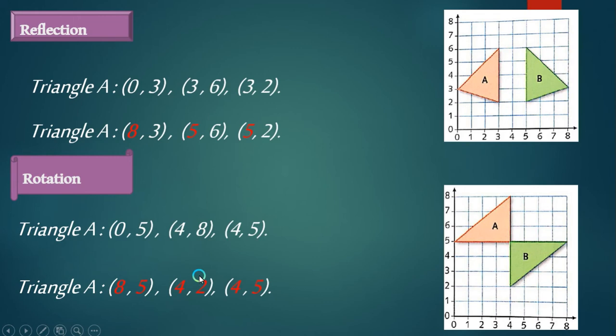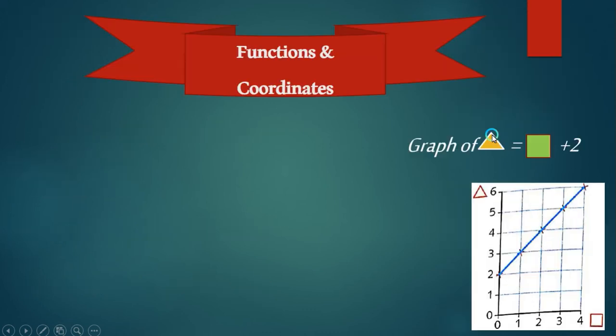So, function and coordinates. In this graph, I have two things. I have this triangle equal to this square plus 2. I just change the x-axis by the square and the y-axis by the triangle, like y equals x plus 2, so each triangle will be this square plus 2.